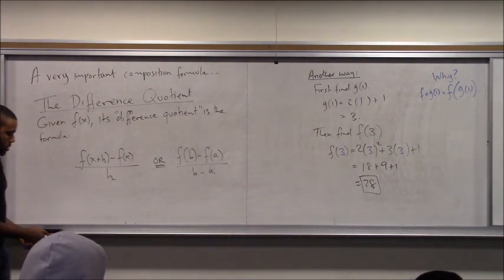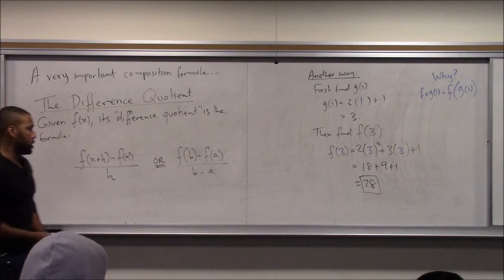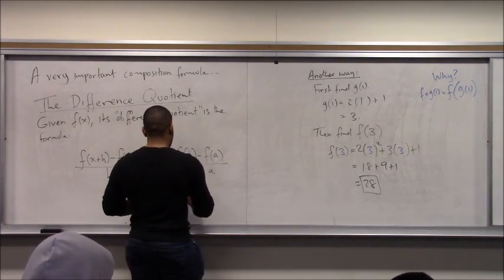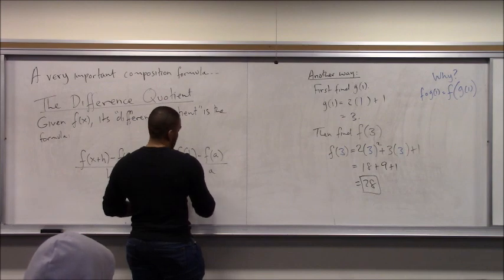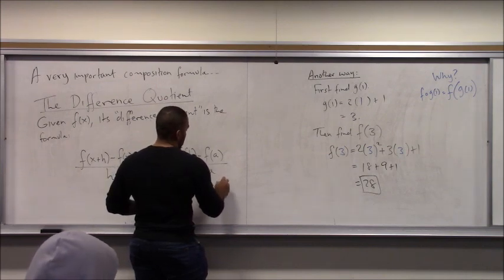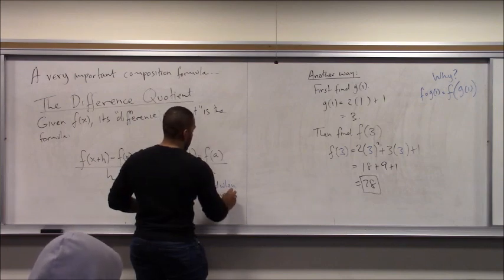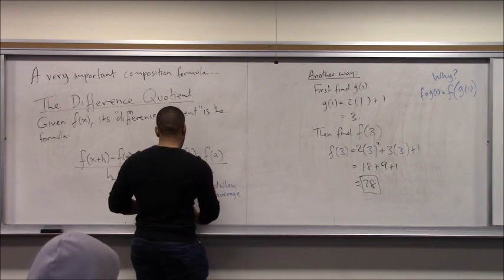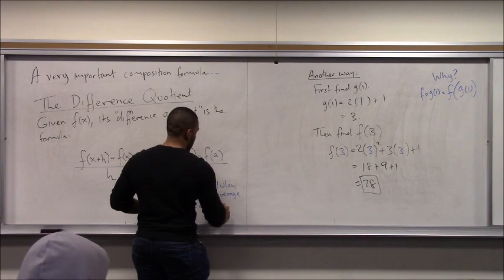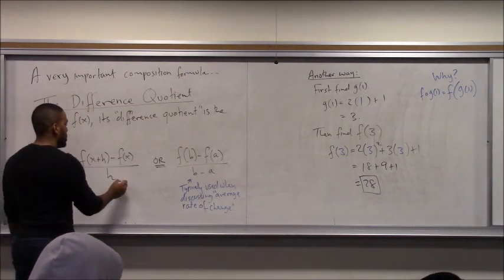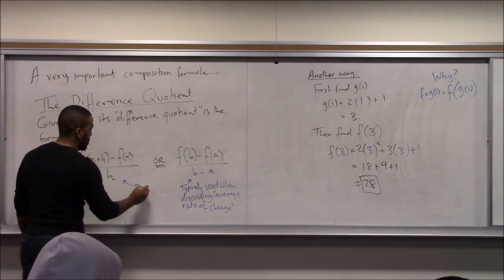And so those are two formulas. This one is typically used when discussing average rate of change. We're going to talk about a concept called average rate of change. And this formula is just a little bit nicer to use in that context, but the first is typically used otherwise.